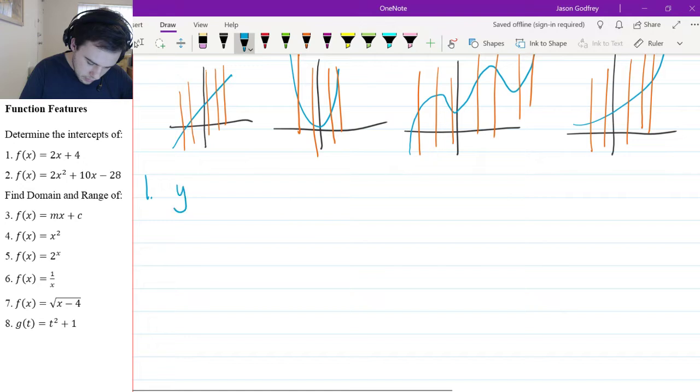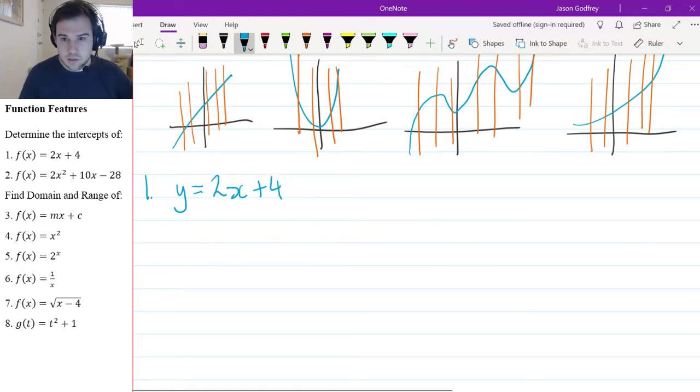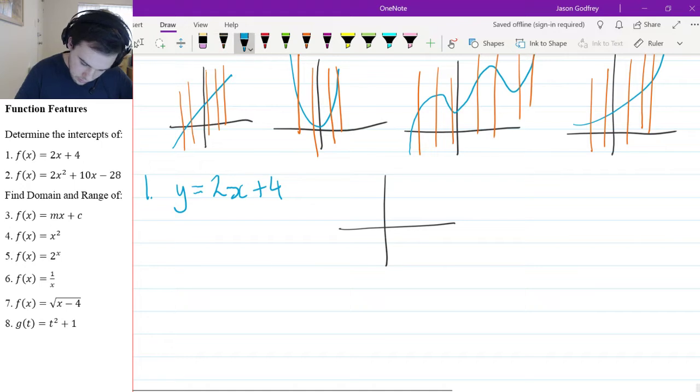So I'm just going to write this first as y equals 2x plus 4. So we should all recognize that this is a straight line graph with a y-intercept of 4 and a gradient of 2. So just to visualize it, it's going to look approximately like this.